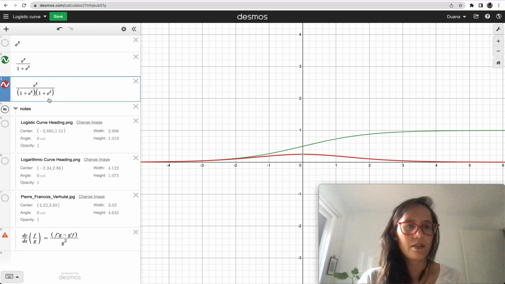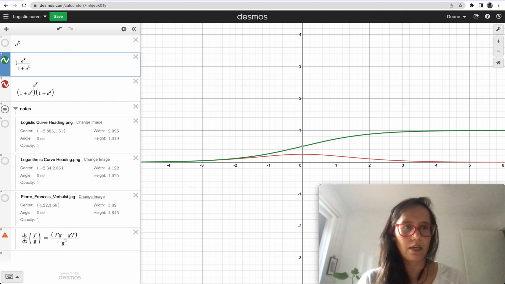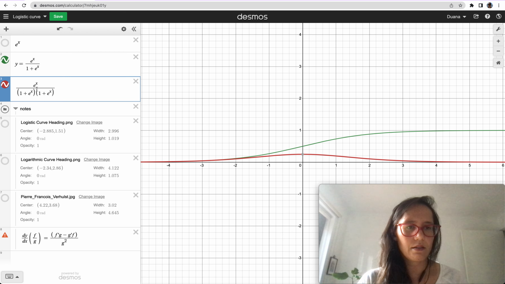If I called this, say, y, made it explicit, y equals that, it shouldn't change anything. Just calling it y, I can replace this whole thing with this, which is e times 1.